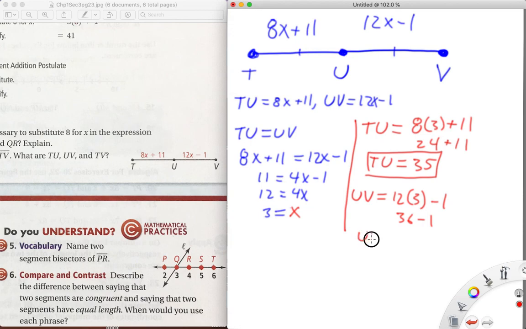So UV equals 35. And since they're both 35, that confirms that they're equal, therefore they're congruent. Thus, U is the midpoint.